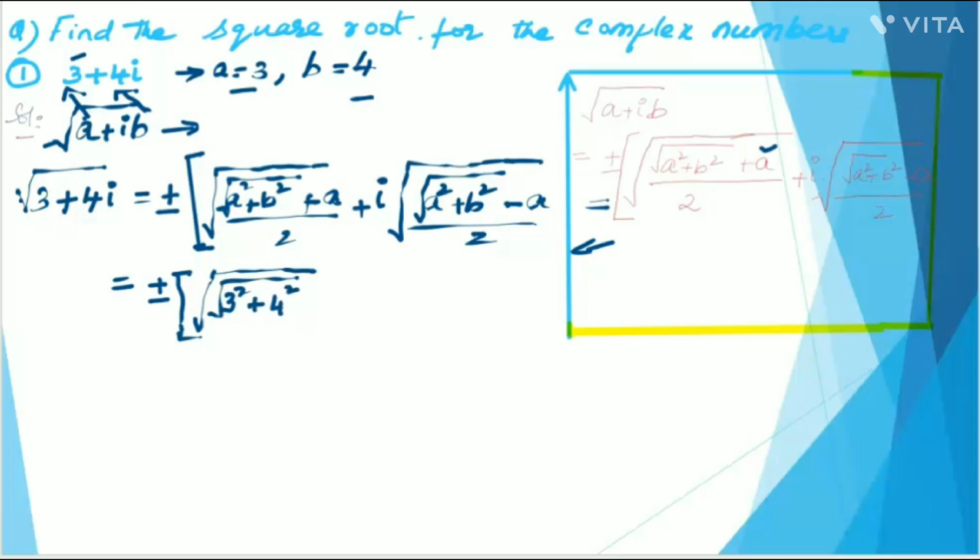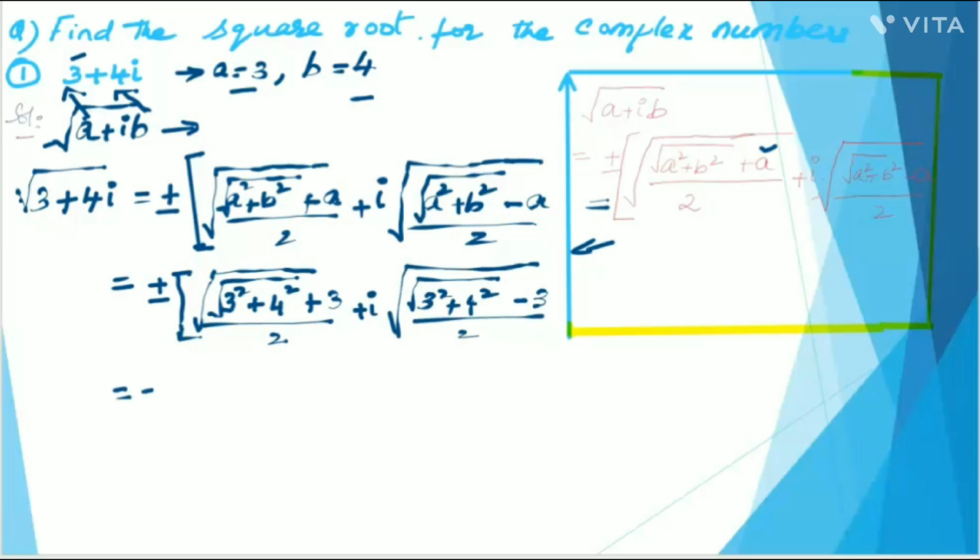This is again under root, plus a is 3 divided by 2 plus i whole square root, then again a square root, again 3 square plus 4 square, a square plus b square, minus a is 3 divided by 2.